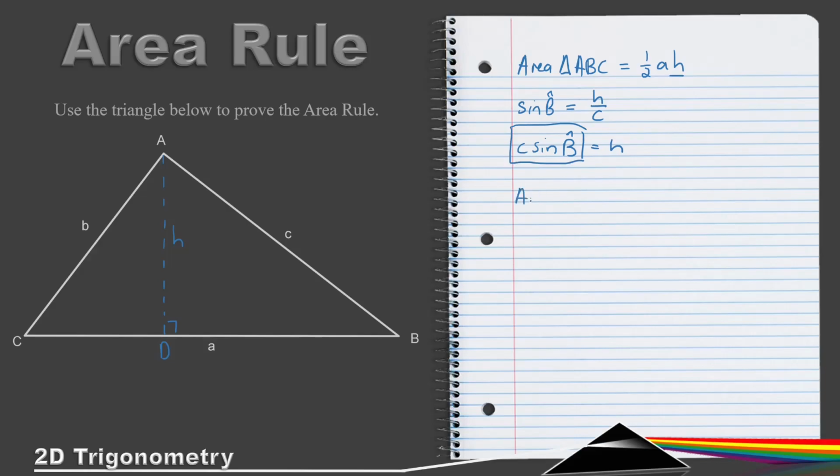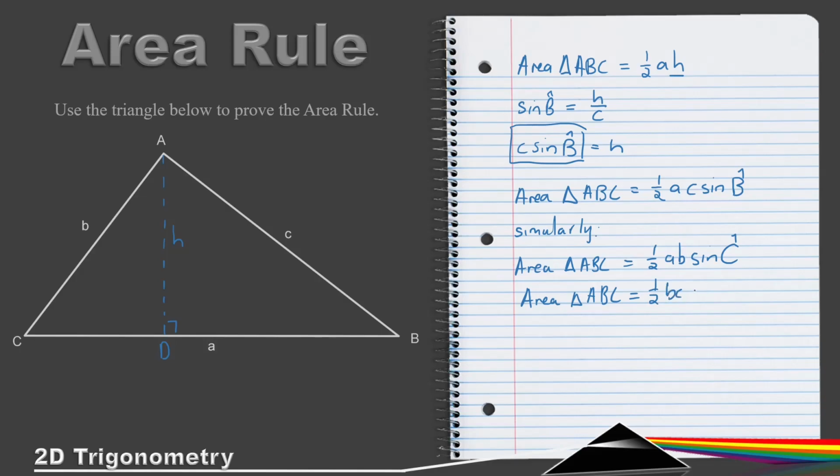So area of triangle ABC is equal to half a, and then h is c sine B. And we can also say similarly, the area of triangle ABC is equal to half ab sine C, and the area of triangle ABC is equal to half, and then we haven't used bc, sine A. And that's it.